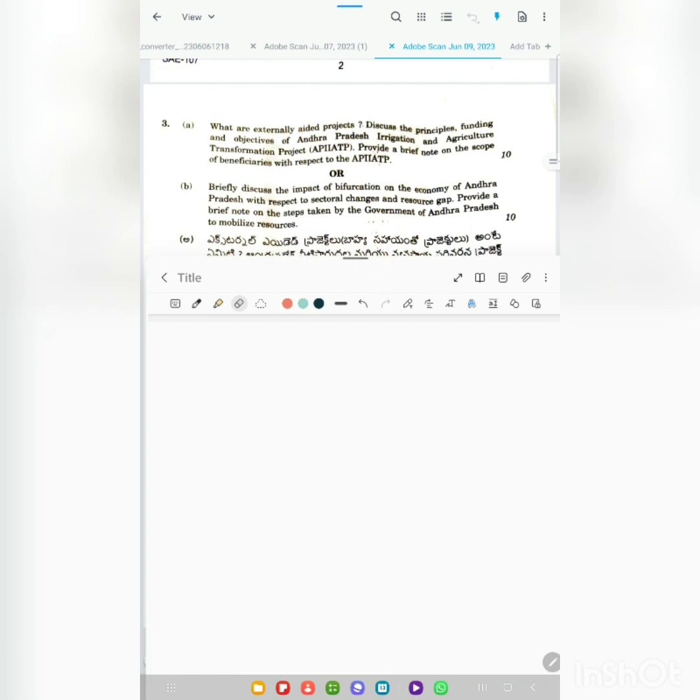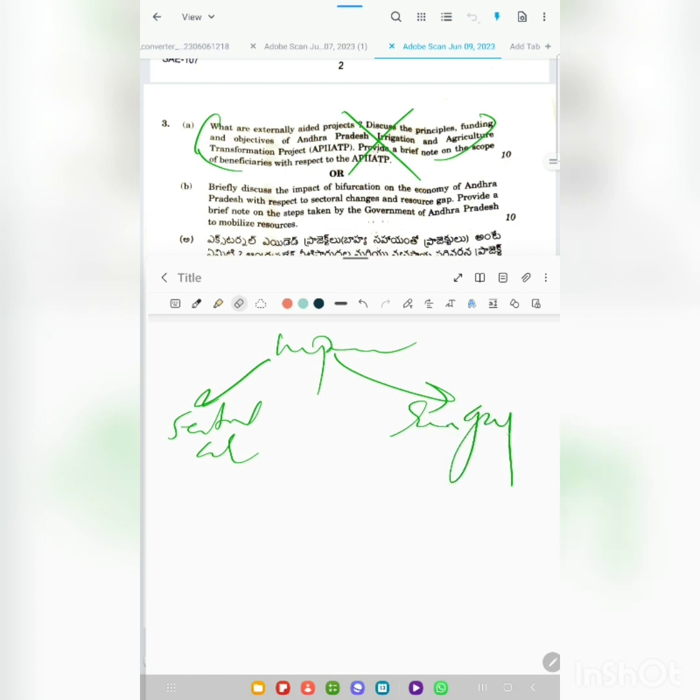Next, externally aided projects and Andhra Pradesh irrigation and agriculture transformation. I have no idea, so I skipped it. So I just wrote the impact of bifurcation, on the basis of sectoral changes and resource gap.